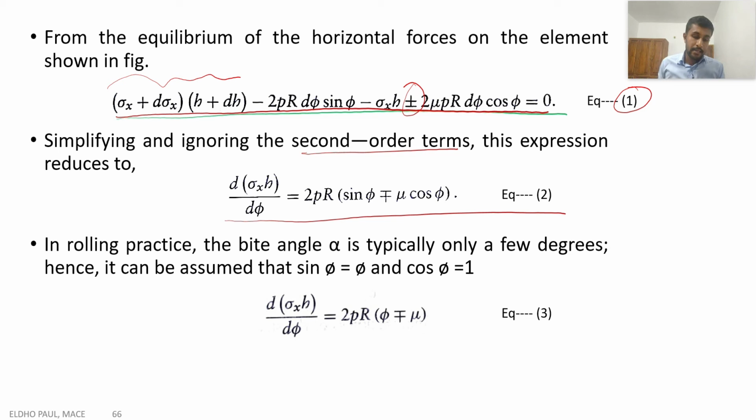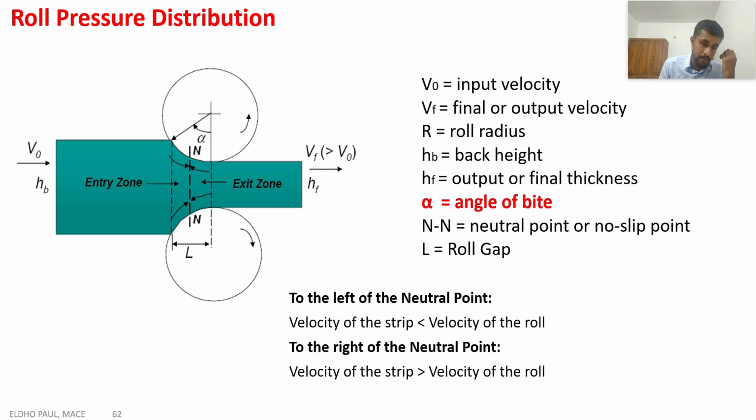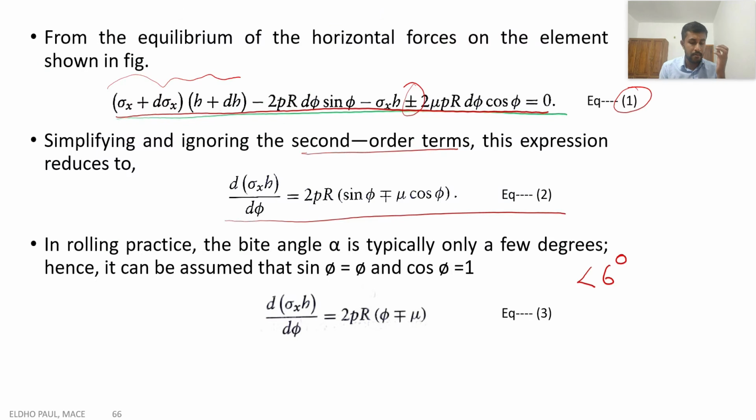In rolling practice, the bite angle alpha is typically only a few degrees, probably less than 6 degrees in practical cases. The bite angle is this angle, the angle of bite in rolling. Since it is very small, we can assume in this equation that sin phi is equal to phi, or approximately 0, and cos phi is equal to 1.